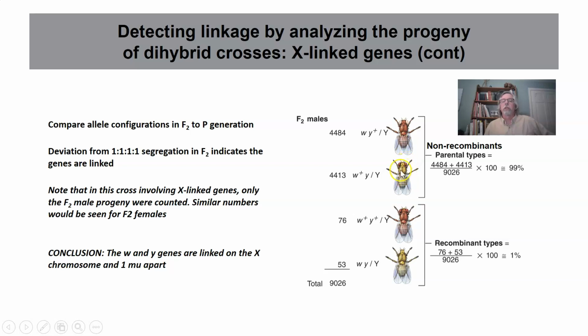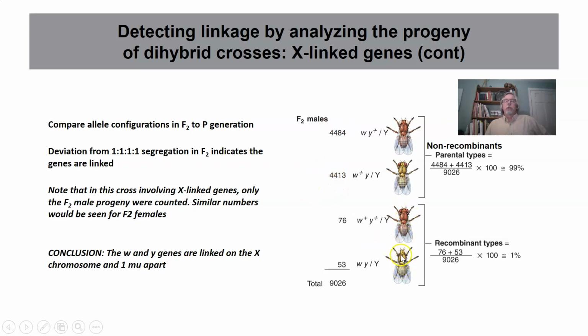Mutant body color, yellow. Wild type for the eye color allele, mutant for the body color allele. Okay, so these two are both non-recombinant or parental types with alleles in trans, and we see a lot of those in the F2, almost 4,500 of each.